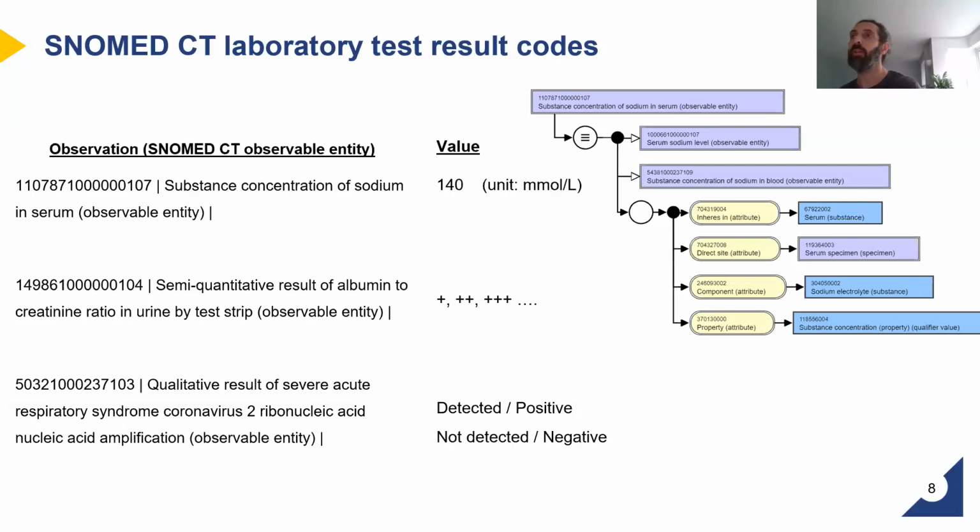So you go from the quantitative numeric result with a unit, through the semi-quantitative results, to the more qualitative stuff, the positive, negative, equivocal type reporting. And on the right-hand side is a representation of the first code in all its glory, in its machine-readable, logically defined format in SNOMED.